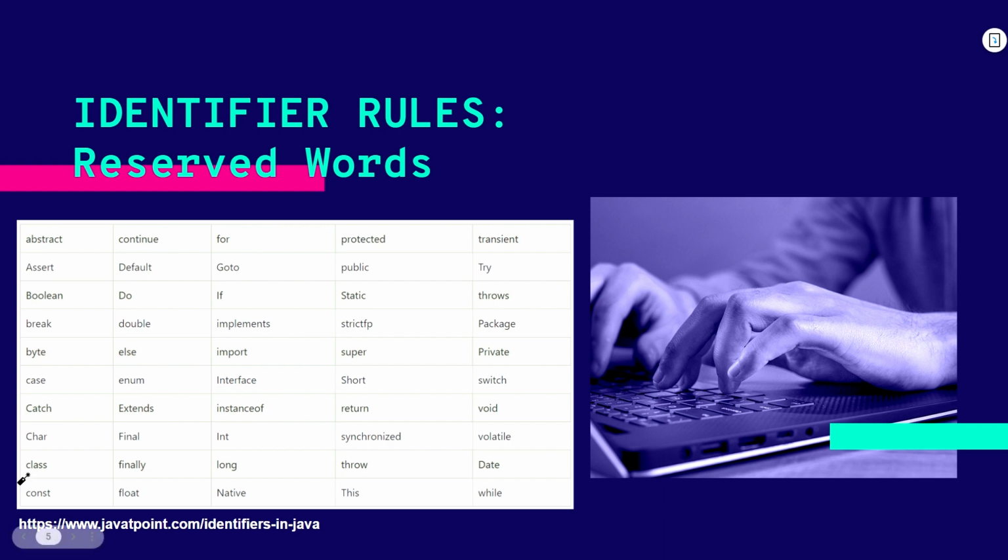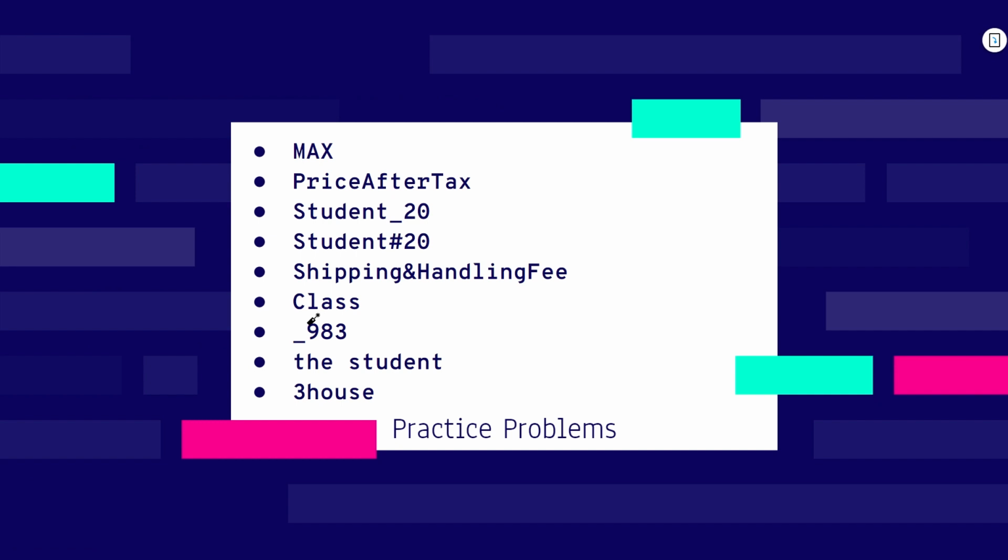However, it's important to note that this keyword starts with a lowercase letter, and Java is case sensitive. So if the letter is uppercase or lowercase, it matters for Java. Because the keyword class starts with a lowercase letter, but in our example, Class starts with an uppercase letter, it's correct. Therefore, this identifier is correct.